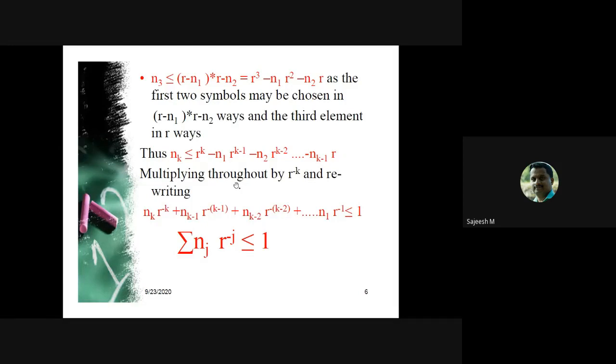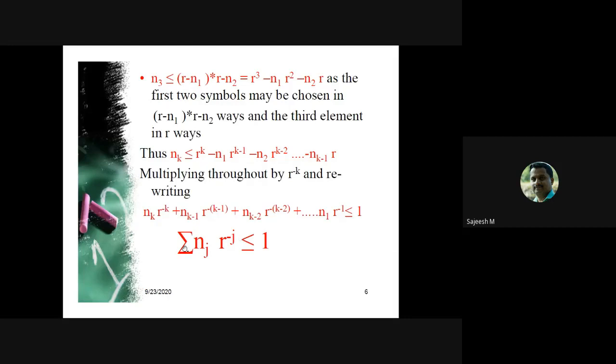Then multiplying throughout by r raised to minus k and rewriting, we get nk r raised to minus k plus nk minus 1 r raised to minus of k minus 1 plus nk minus 2 r raised to minus of k minus 2 plus etc. n1 r raised to minus 1 is less than or equal to 1.